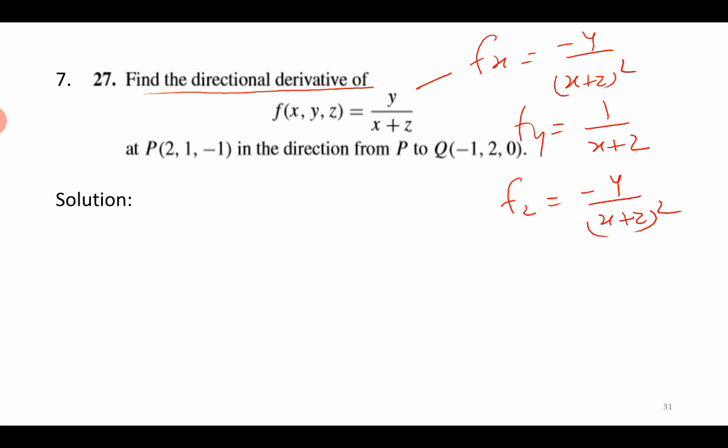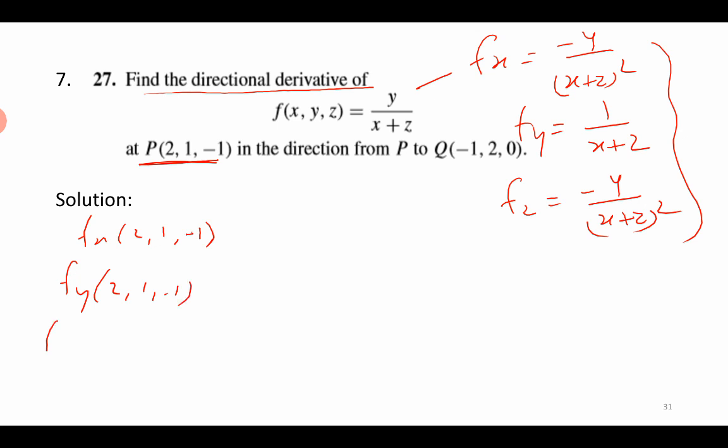So in these three results, the partial derivatives, substitute the point P, then you get fx at (2, 1, -1), fy at (2, 1, -1), fz at (2, 1, -1), isn't it?